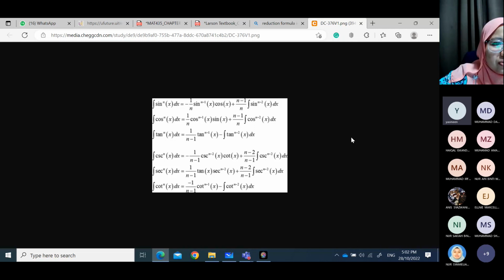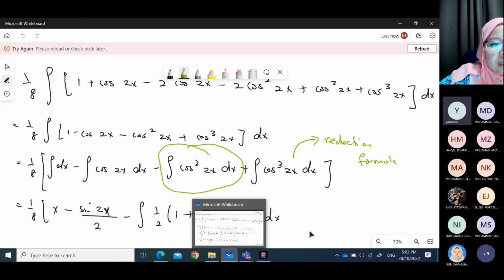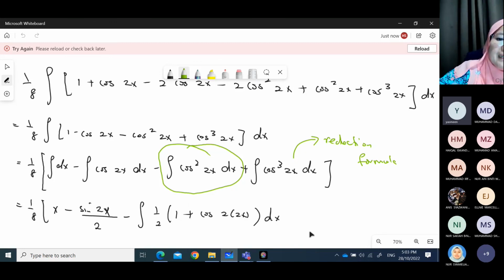Alright. So yang ni you screen, boleh cari kat internet. Reduction formula. Dalam exam kalau ada yang memerlukan reduction formula akan diberi dalam exam. Dia akan bagi hint lah. Okay.